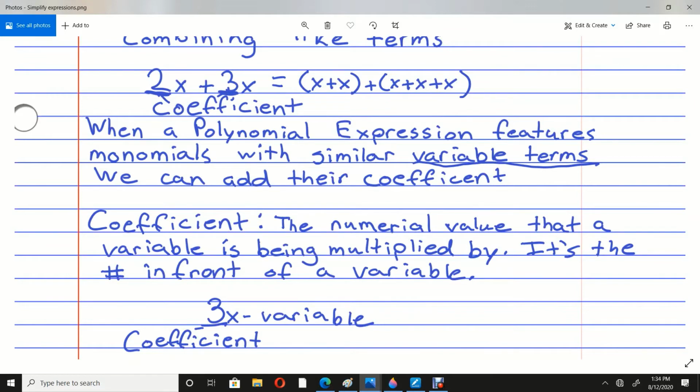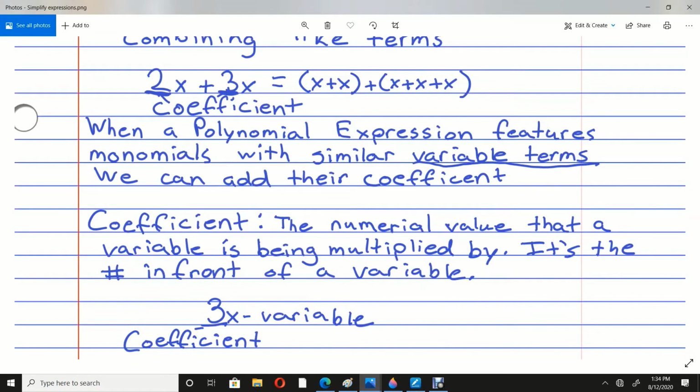Okay, and coefficient right here, I'm going to give you a definition for that. We've heard that word last year. Coefficient is just a little number in front of the variable, right? It tells you how many times you're multiplying the variable by itself, or whatever by itself, right? So 2x, and you can see I wrote it out over here, equals x plus x, and 3x is x plus x plus x, which is 3 times x. Remember, multiplication is just repeated addition.